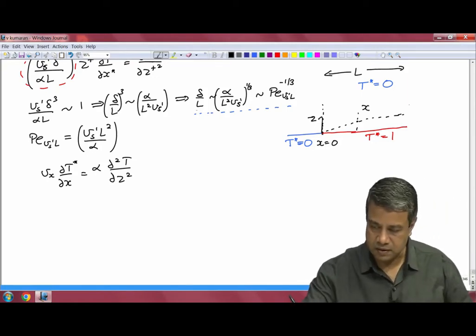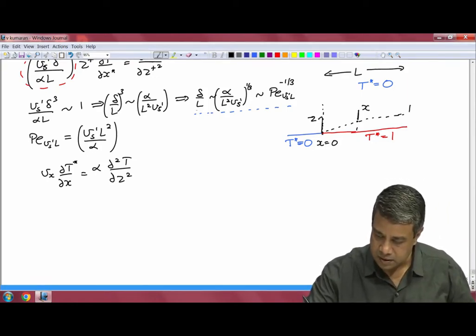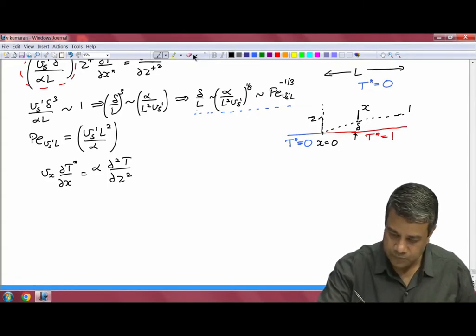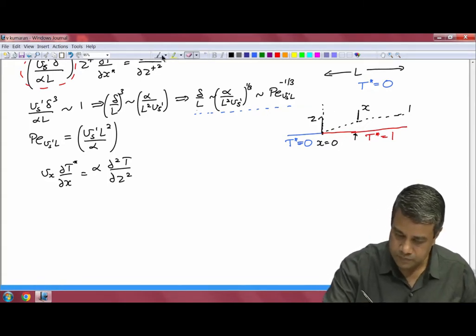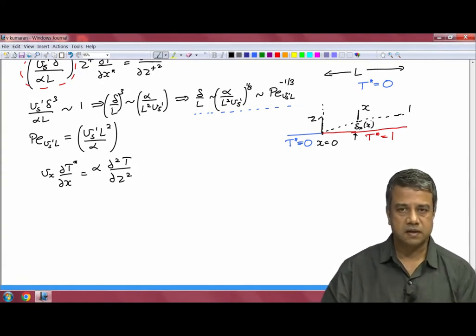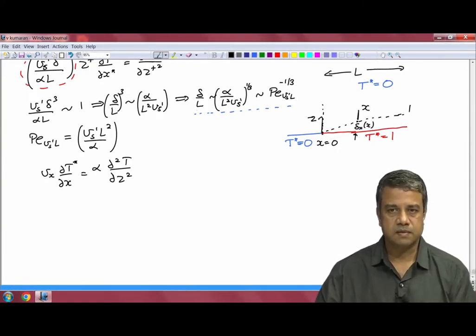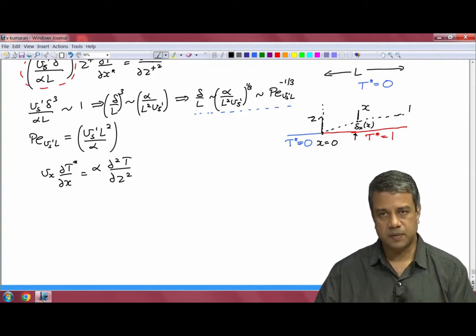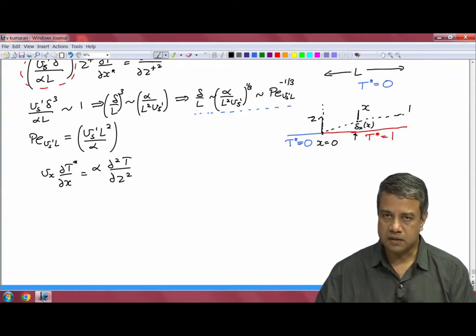I will call this distance delta x, which is a function of x. It depends upon x, of course, but it cannot depend upon the total length L.